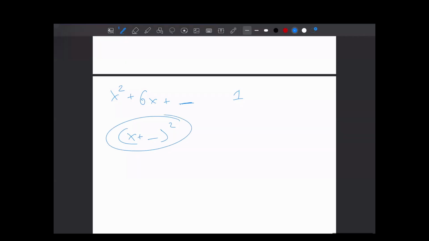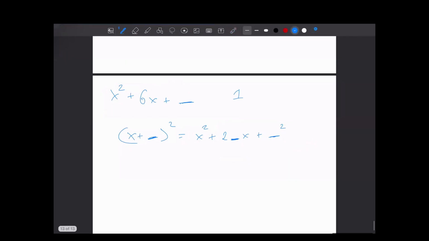Now, if we expand this, let's keep this something, it will expand to x squared plus 2 times that something times x, and then plus that something squared, right? Again, we want to turn this into this. Sorry, maybe I should have just used a letter.